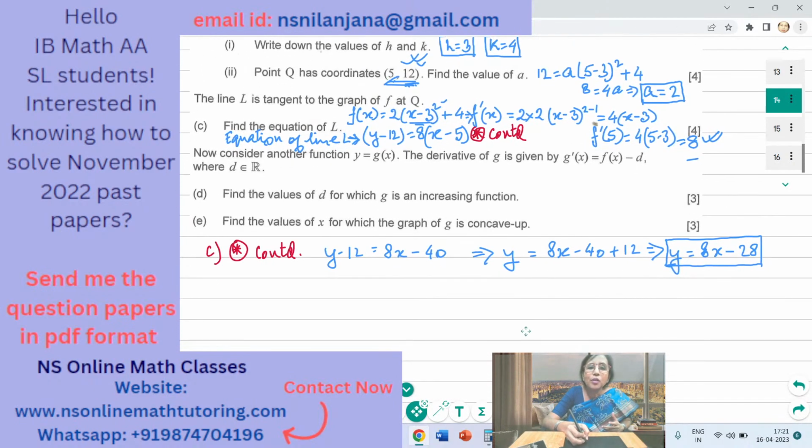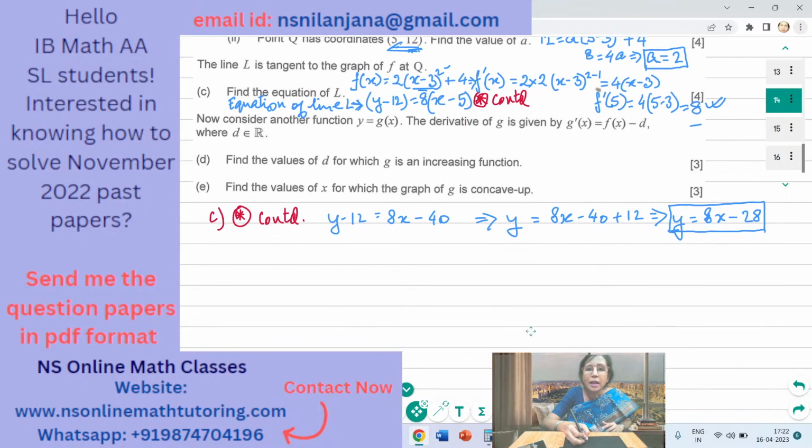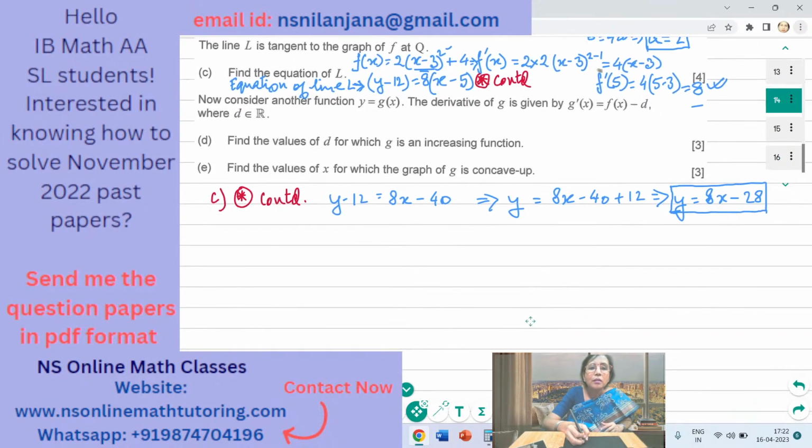If d is a positive number, it will be translated downwards. So g dash x equal to f of x minus d, where d is a real number. So d can be both positive and negative numbers. There's no restriction for not being a negative number. It can very well be a negative number. It can be a fraction. It can be a positive.